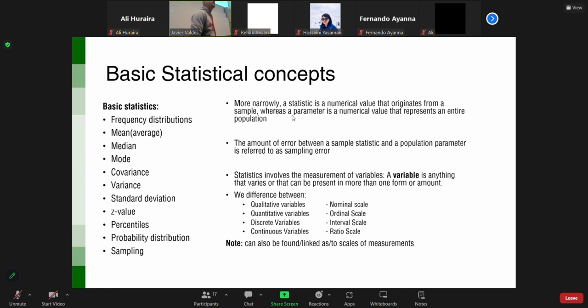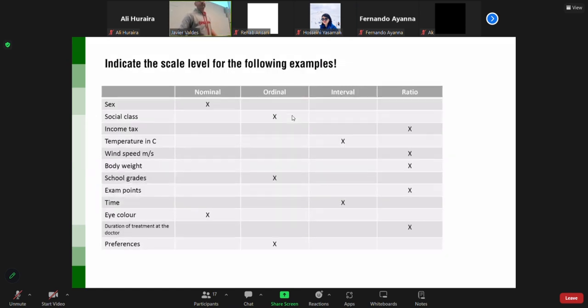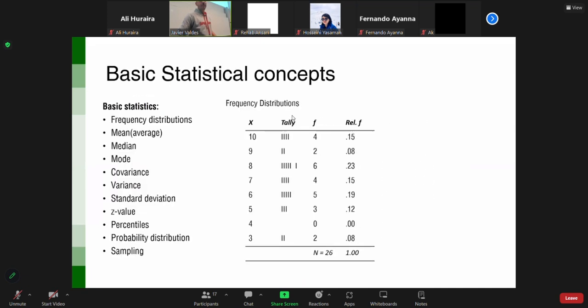It cannot take commas, okay? Periods. It goes 10, 9, 8, 7, 6. So we have the discrete variable, and then we have the tally, which is the number of times that we have it in our sample. The frequency is the number of tallies, the number of times that we see it.